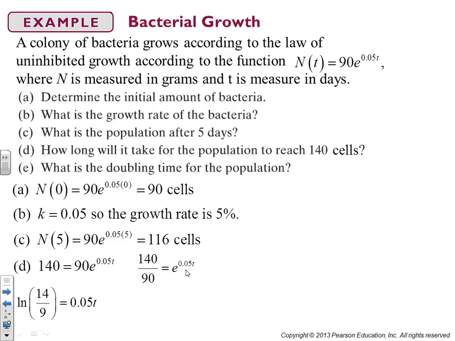Natural log of e to the 0.05t is just 0.05t. We divide by 0.05 and chug that into our calculator. Once again, practice putting this into your calculator to make sure you can get the right answer out.